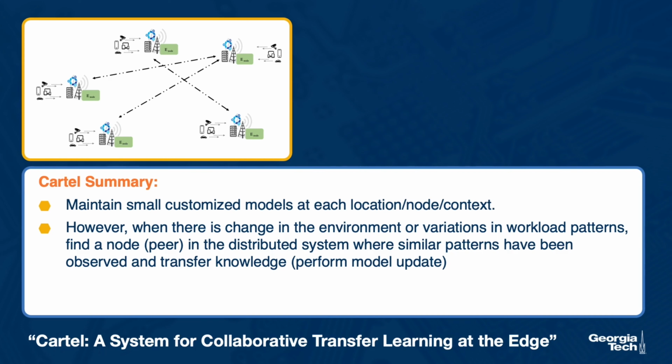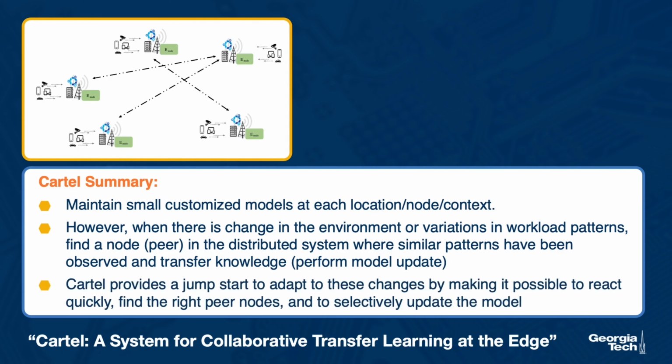What transferring knowledge really means is to perform some form of model update across the two locations. The system-level mechanisms that are integrated in Cartel provide support to jumpstart the process of adapting the model at one location to some of the changes that it observes by making it possible to find the right peer node and to perform the right type of knowledge transfer.